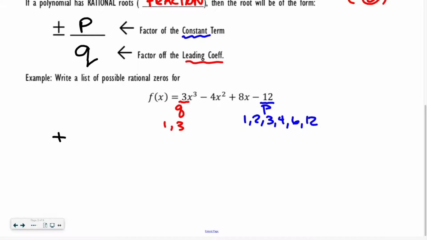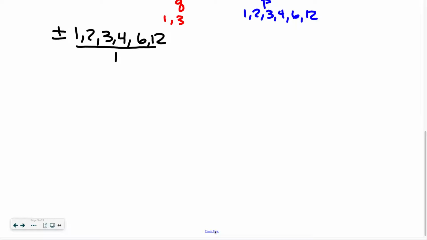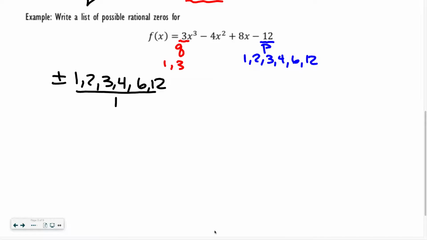So I'm going to write that down plus or minus, because that's in the rational root theorem. 1, 2, 3, 4, 6, 12, all over 1. Each one of those goes over a factor of my leading coefficient. So one of the factors of my leading coefficient is 1. And you should really simplify those. So do you agree this is plus or minus 1, 2, 3, 4, 6, 12? Everything over 1 is just itself.